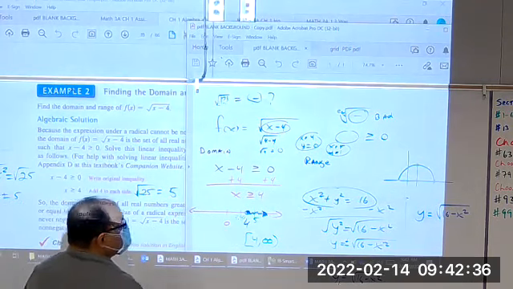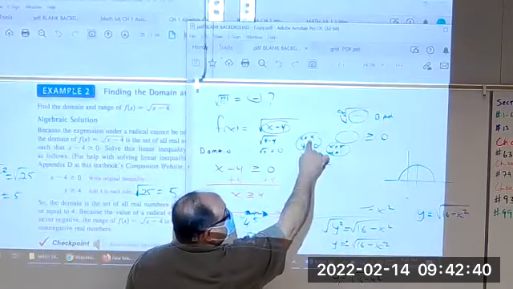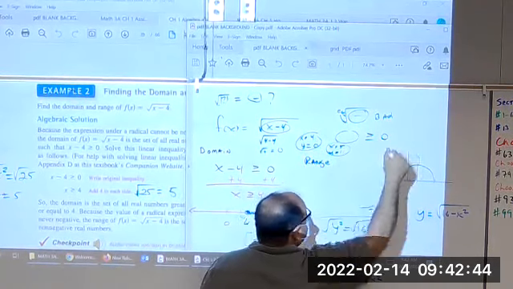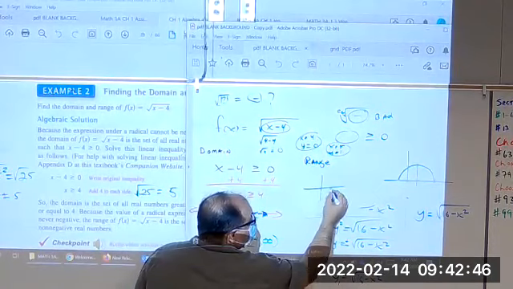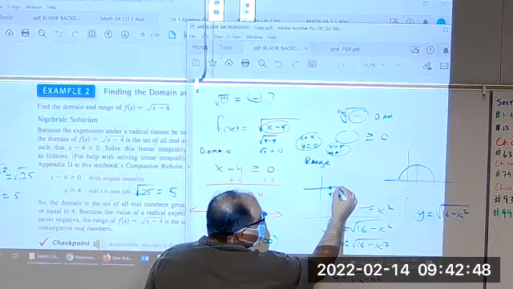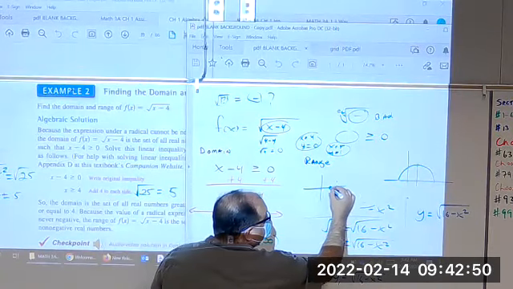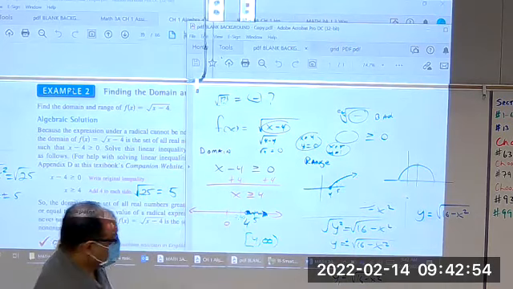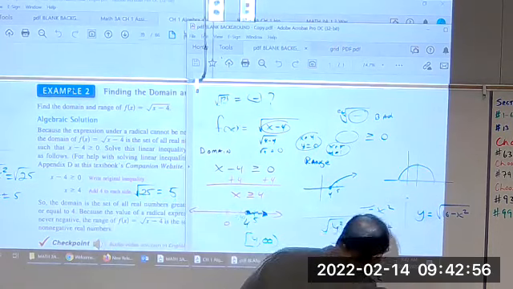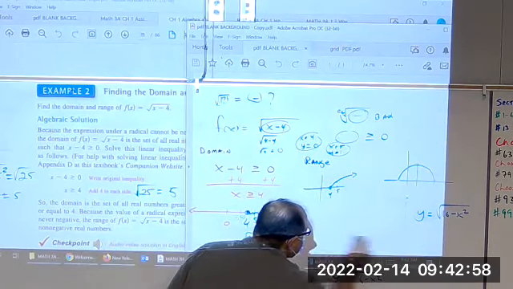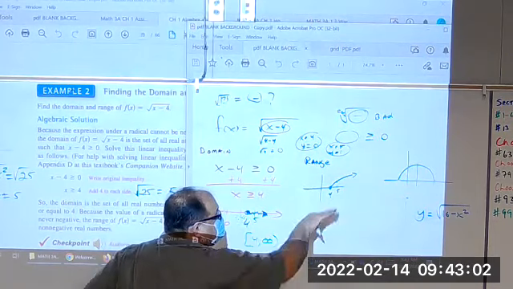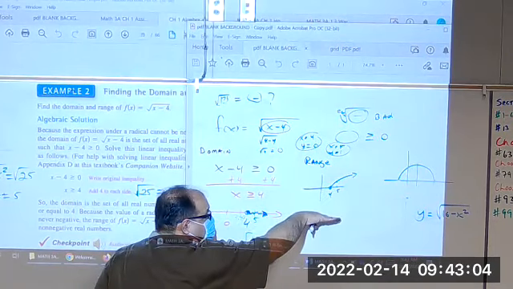So the range. When you plug in 4, the y is 0, then you plug in 5, the y is 1. The y's are going to get bigger as you go out. So in the picture, the range, are there any points down here?